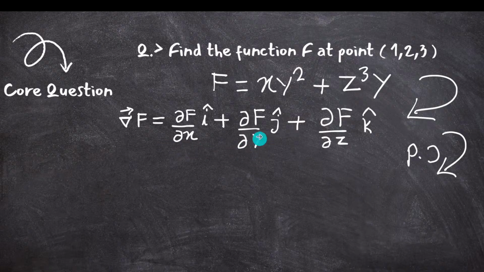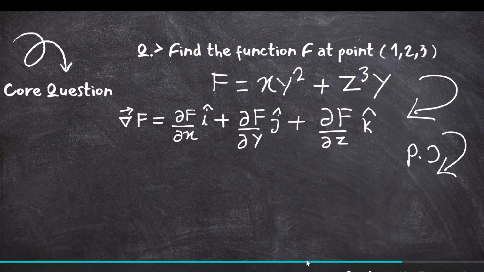Similarly, we can find it for this function with respect to y and with respect to z, and by adding all of those and writing in the vector format, we can easily see the gradient for this point.